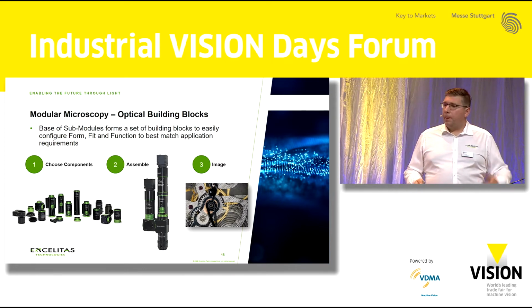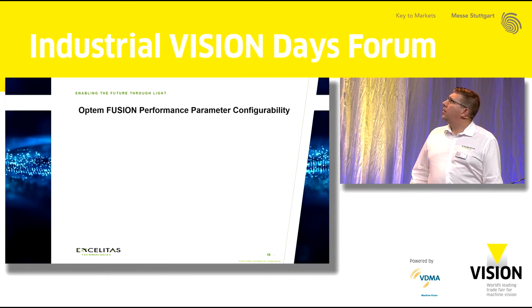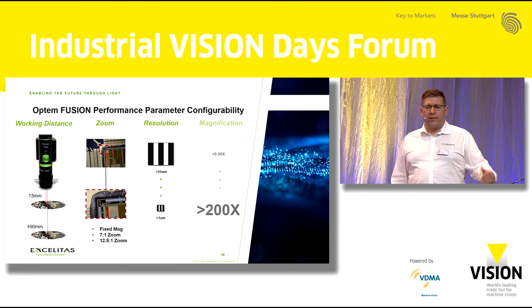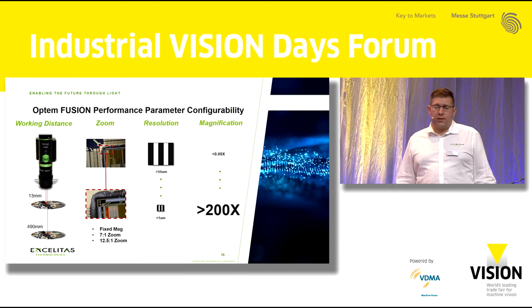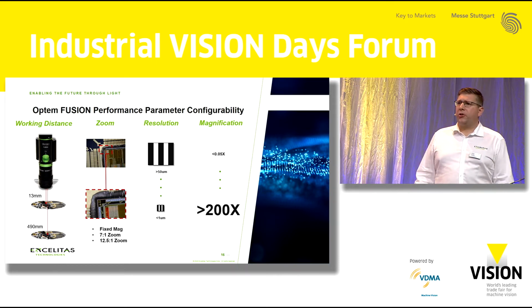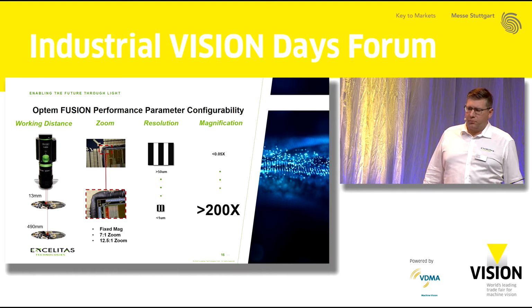But what opportunities do we have in the system? First, it provides for a flexible system different working distances from 13 to 490 millimeter. There is the opportunity to have zoom models inside. It's a 7:1 zoom or a 12.5:1 zoom.